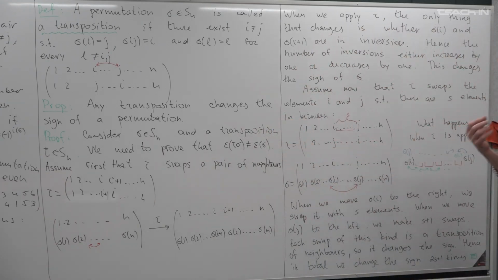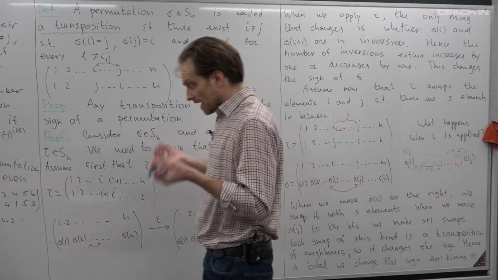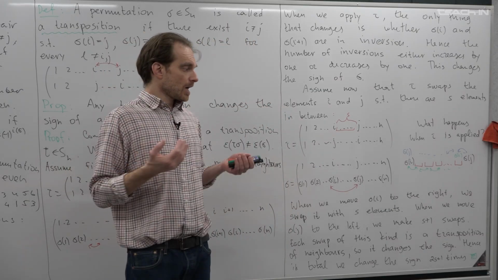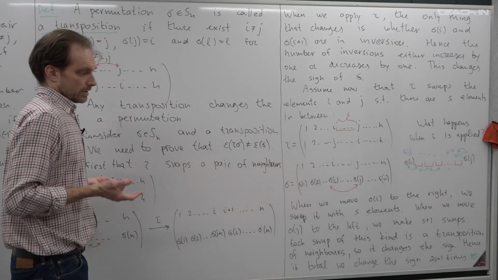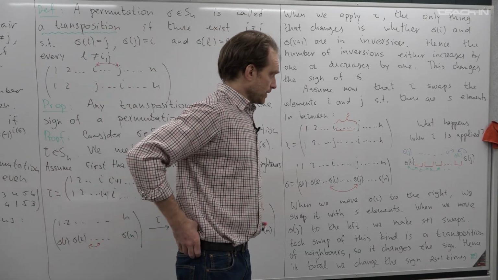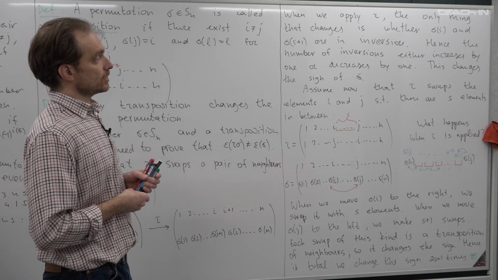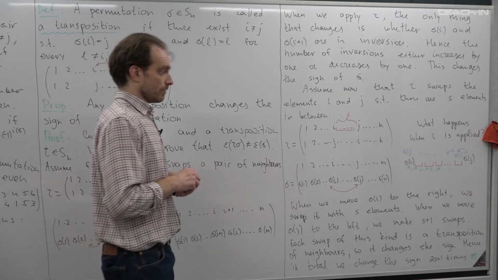And we just need to count the number of permutations of neighbors that we need to make in order to realize this transposition. And it appears that the number of transpositions of neighbors that we make is always an odd number. It is equal to 2S plus 1, where S is the distance between I and J. And so that's why any transposition always changes the sign of a permutation.